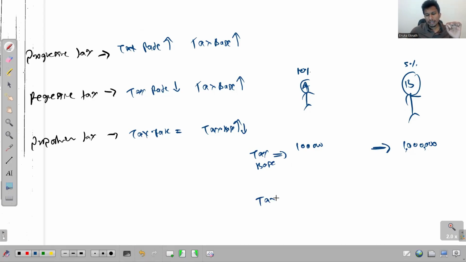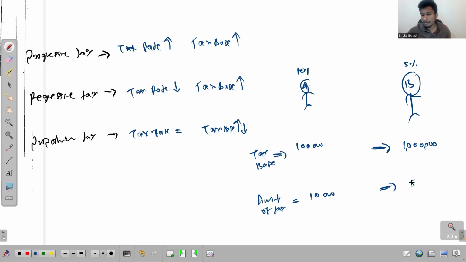So if you just take the tax amount, the amount of tax paid by each person. So 100,000 into 10% will be just 10,000. Right, that will be 10,000, but 1 million into 5% will be how much?